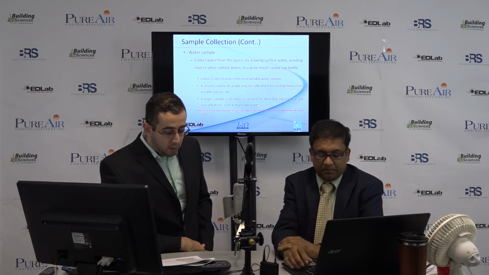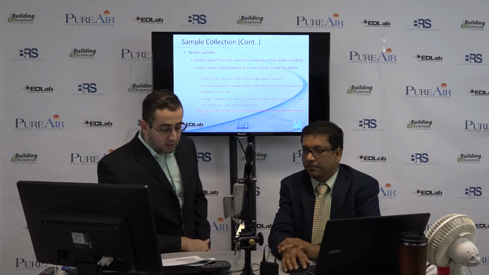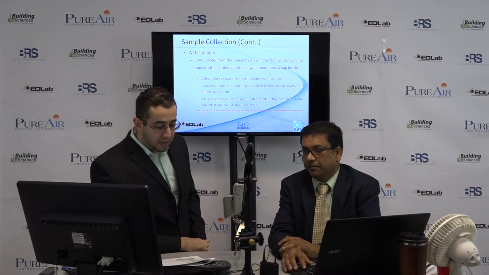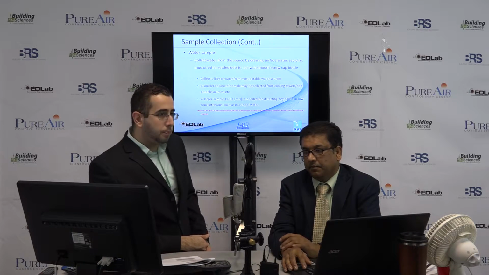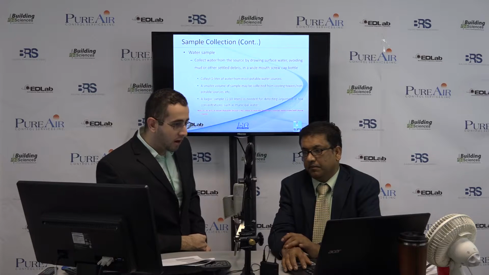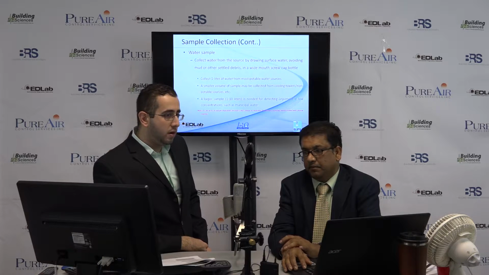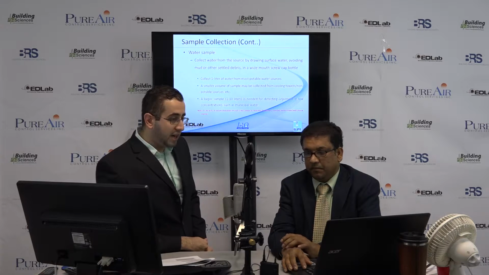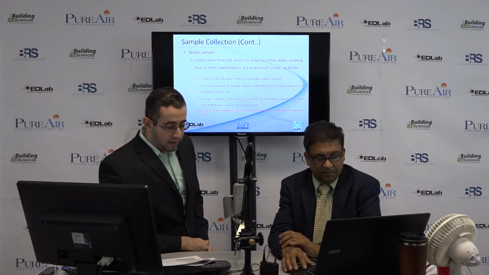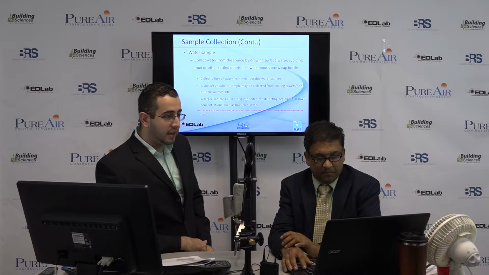A large sample, as we have here, 1 to 10 liters, is needed for detecting Legionella in low concentrations, such as municipal water. With something like municipal water, it's a bit more important whether or not there's Legionella in it at different ranges. So if there is any in there, you want to collect a larger sample so that it is collected and can be tested for.